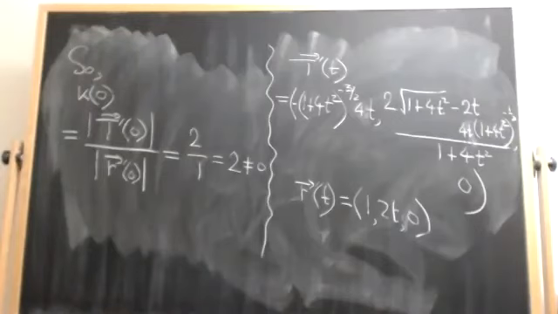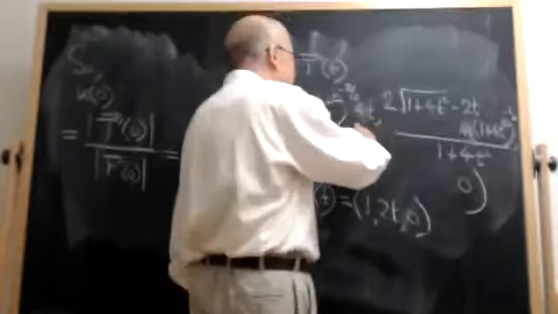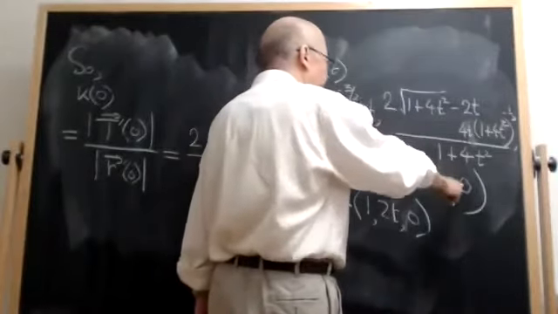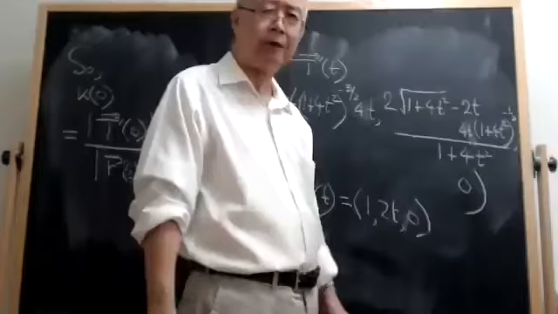Professor, I have a stupid question. So when we calculate the length of a vector, we don't square it. Well, what's the length of the vector? So the length of T prime of 0, we don't square. This is 0, 2, 0. And then you square it, which is 4.